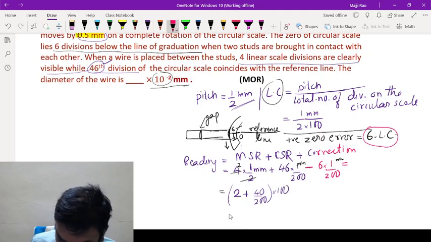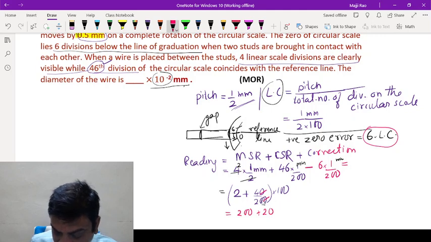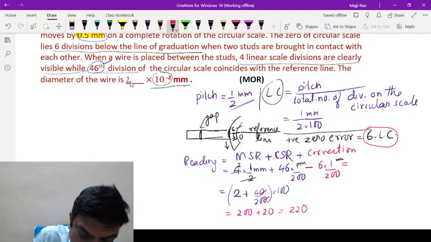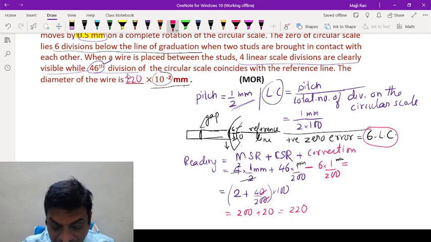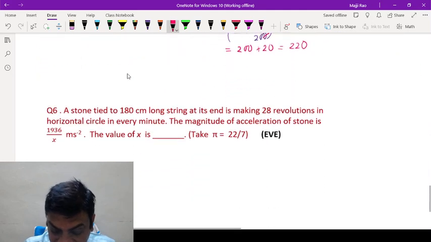This side you have 200, whereas that side you have 20. Two zeros get cancelled, 40 by 2 is 20. So finally we have 220, so 220 into 10 power minus 2 mm. Moving on to the next question.